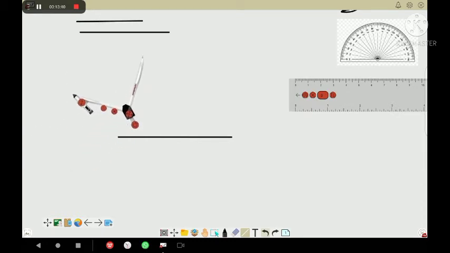That means we need 5 centimeters. So I think when you are drawing in the copy, it is easier, but now it is difficult to adjust the compass.